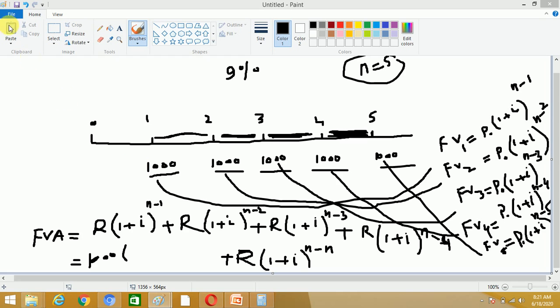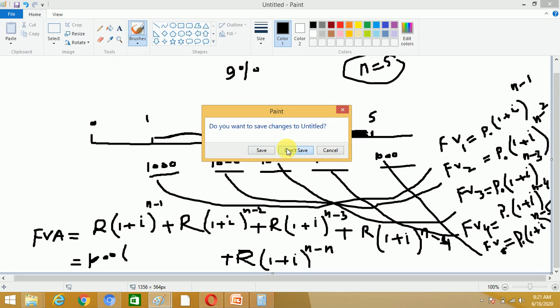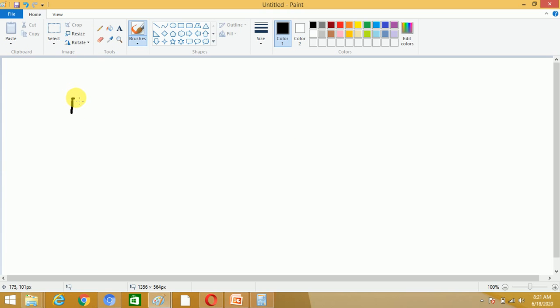That formula is: future value of annuity is equal to 1 plus I raised to the power n, minus 1, and the whole divided by I. So this will be a very simple formula.